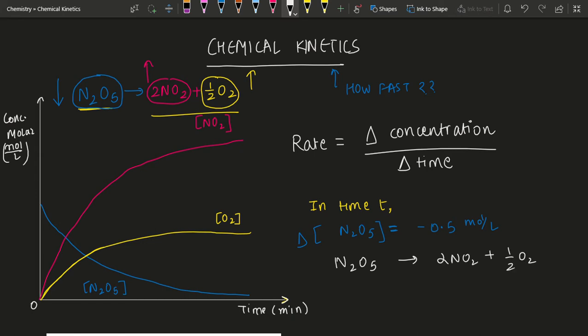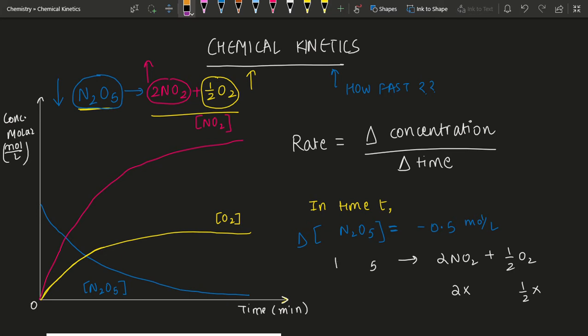If you use x moles of N2O5, you will produce 2x moles of NO2 and x by 2 moles of oxygen gas. That's basic stoichiometry.